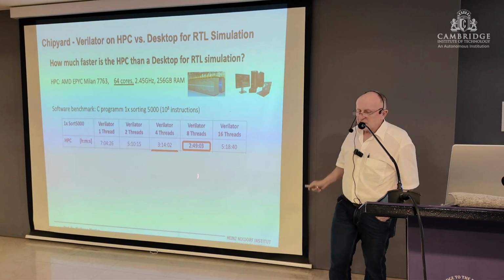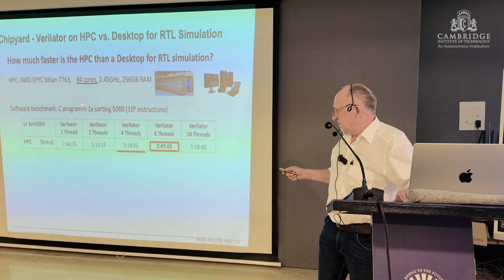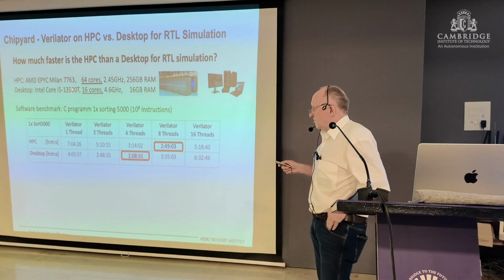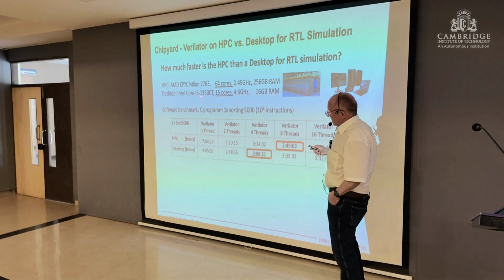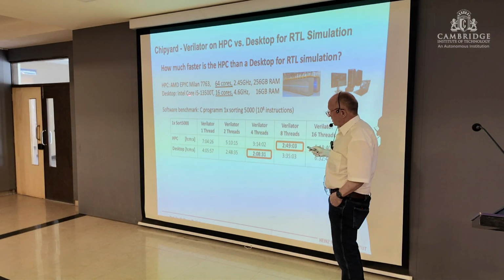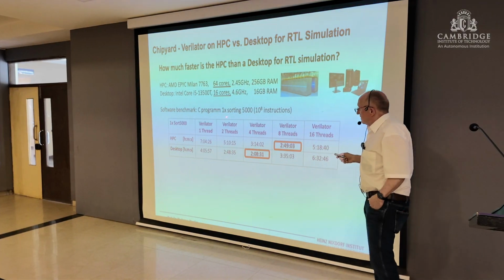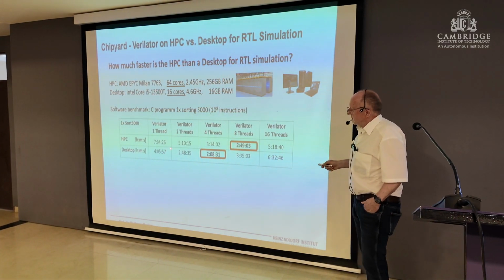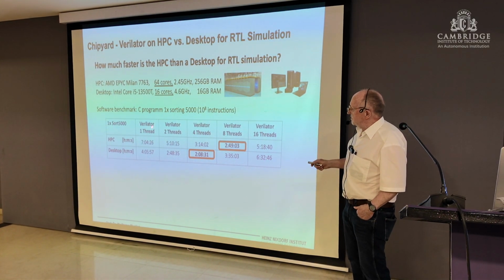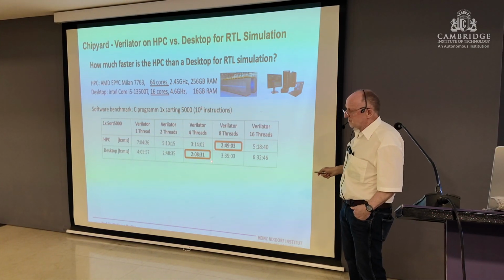Then we applied the same experiment on a desktop computer, which was a modern 6th generation Intel Core i5 with 16 cores. We did the same study and checked it with 1 thread, 2 threads, 4 threads, 8 threads, 16 threads.